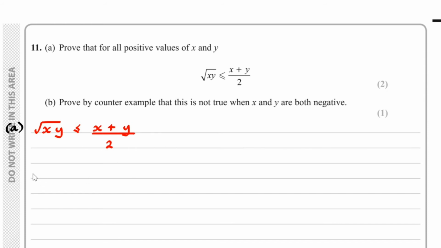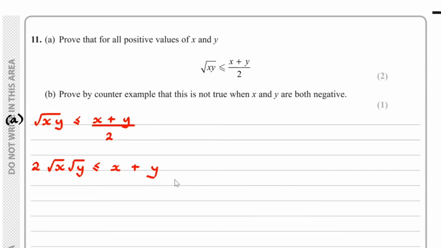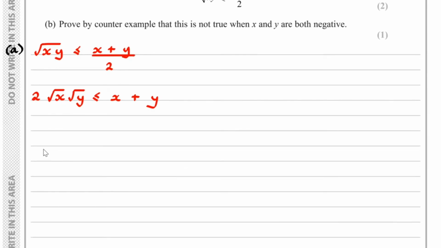If I multiply by 2, I've got 2, and then the square root of xy I can rewrite as square root x times square root y, and this is less than or equal to x plus y. And if I take everything over on one side, we've got x minus 2 times square root x times square root y plus y is greater than or equal to 0.